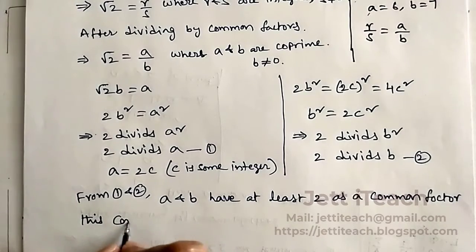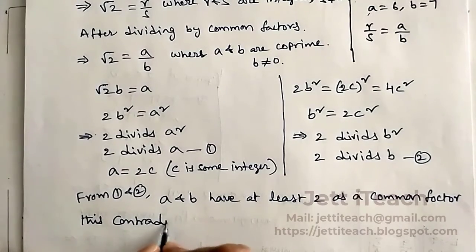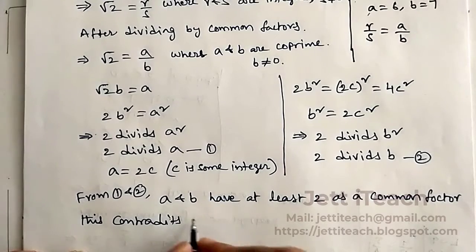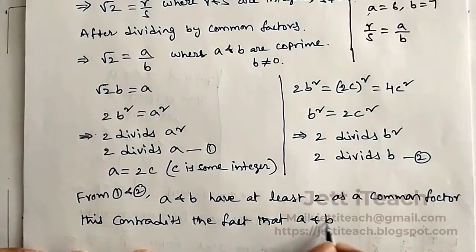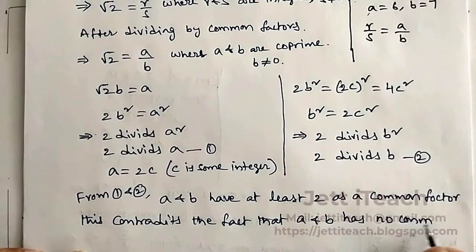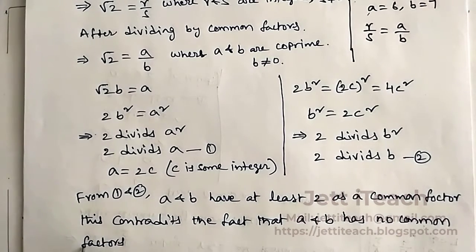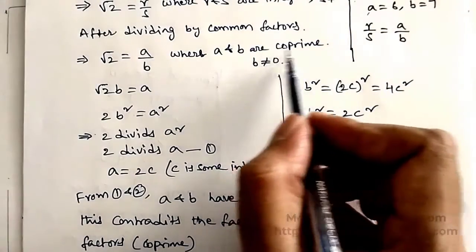This contradicts the fact that a and b have no common factors. What does it mean? Co-prime. Okay, we wrote co-prime, right?